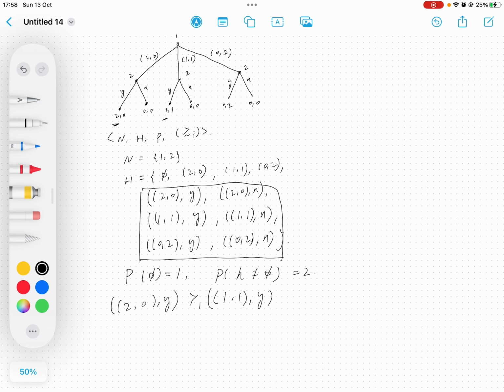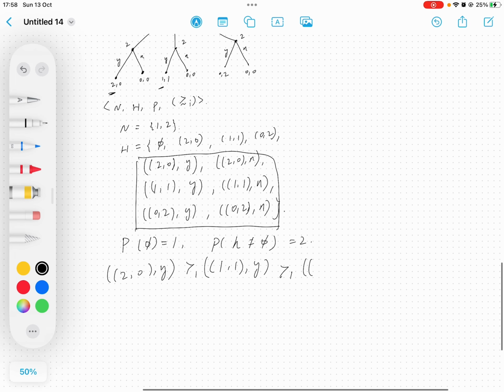And all the others are pretty much the same, because all the others are zeros. Strictly preferred, then all the others we just write down, in any order, because we can exchange the order of those equivalent outcomes.